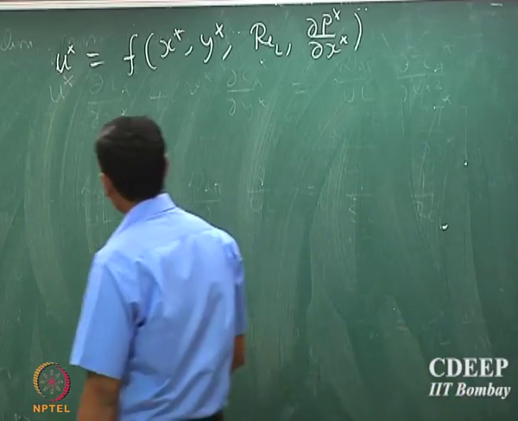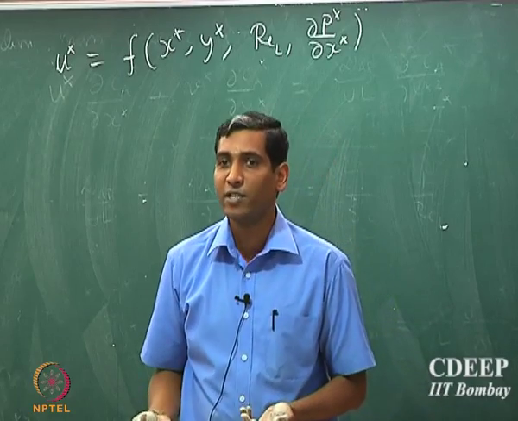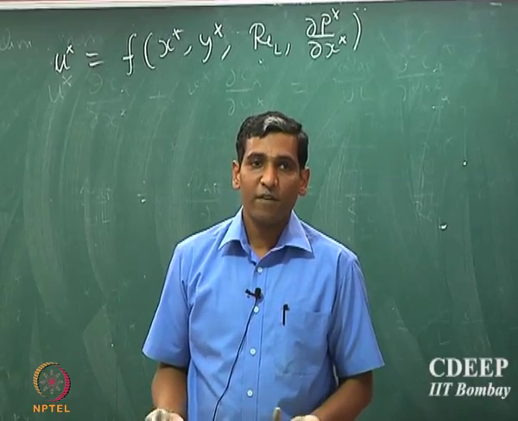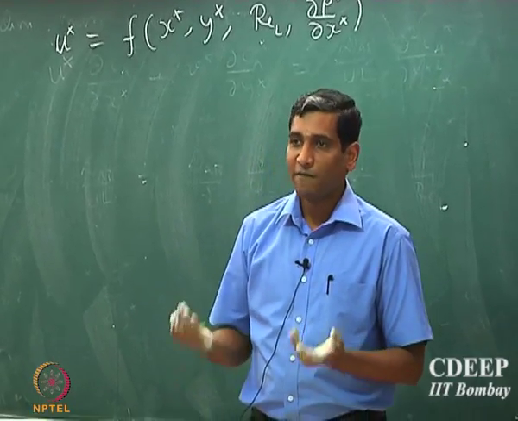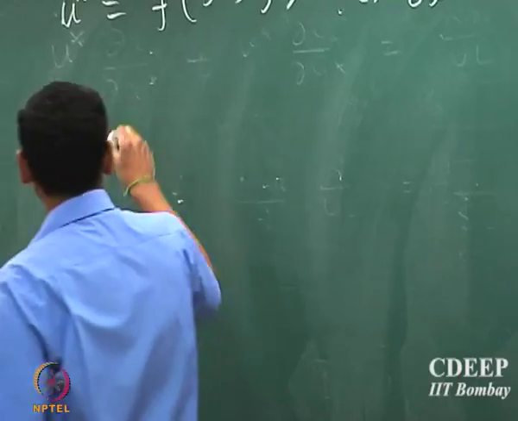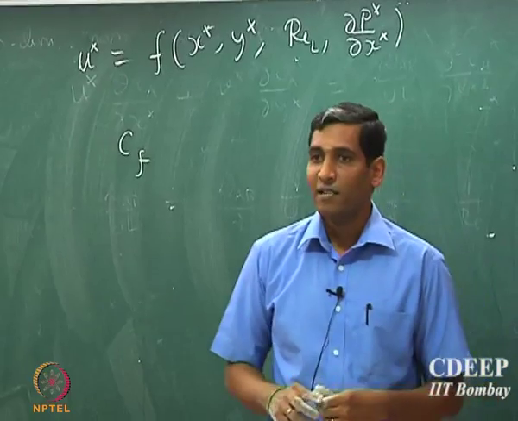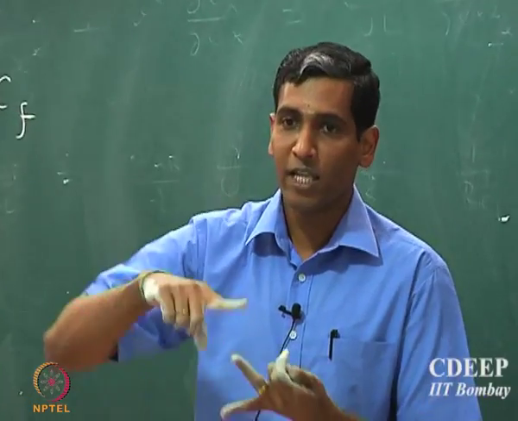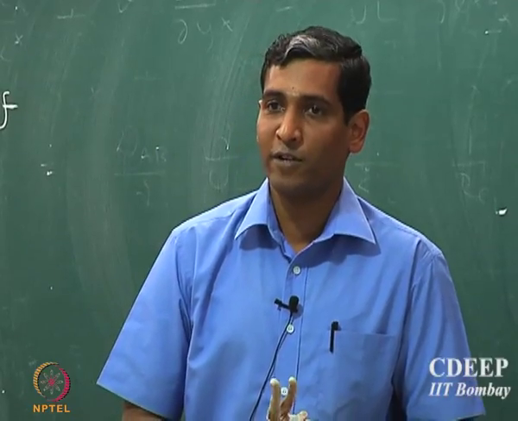Okay. Now, what do we want to find? The purpose of writing these balances is to quantify these processes, right? If I want to quantify the process, the momentum diffusivity is quantified by the friction coefficient Cf. Remember that we defined three quantities: the friction coefficient, the heat transport coefficient, and the mass transport coefficient.